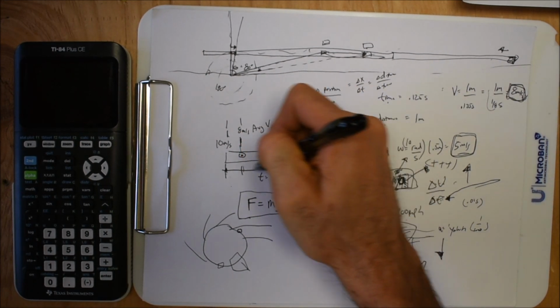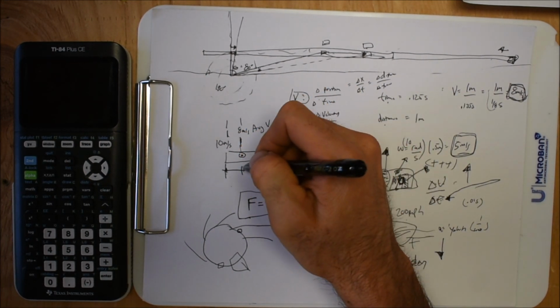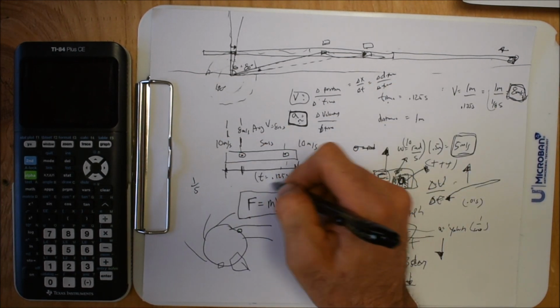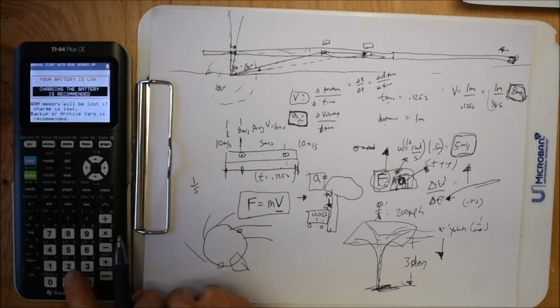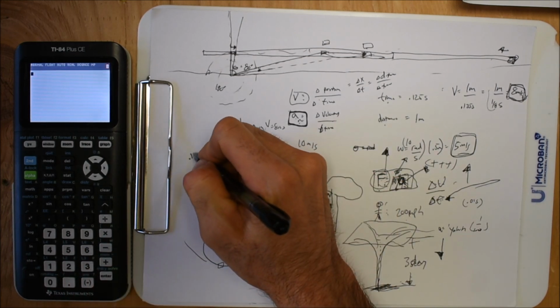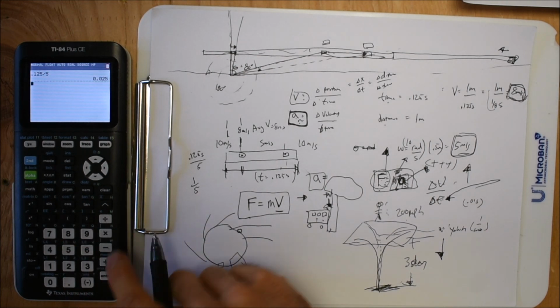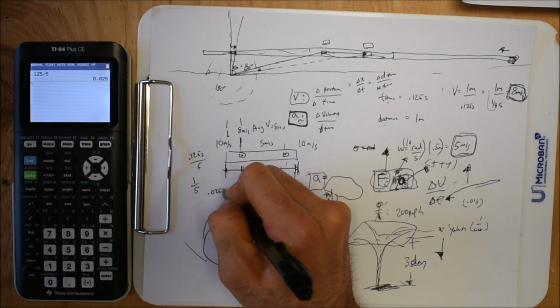And what's that? Well, isn't this like a tenth? Maybe it's just a fifth. We'll just divide it by 5 even, play it on the safe side. So 0.125 seconds divided by 5. Well, that's 0.025 seconds.